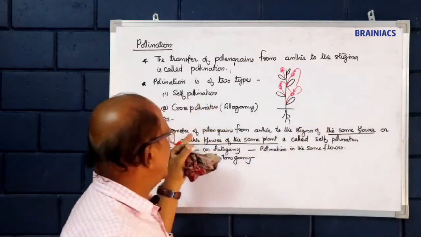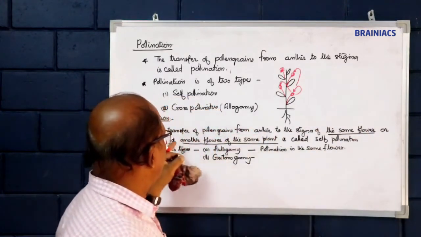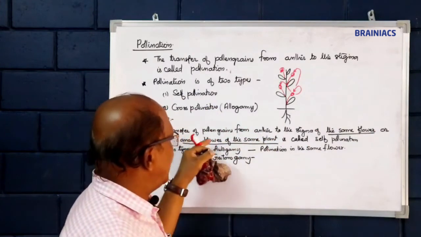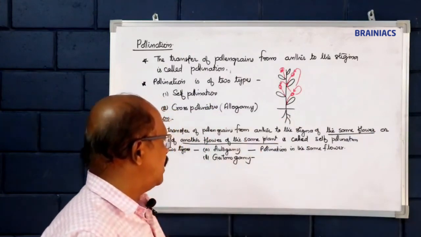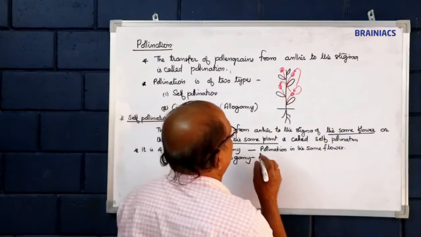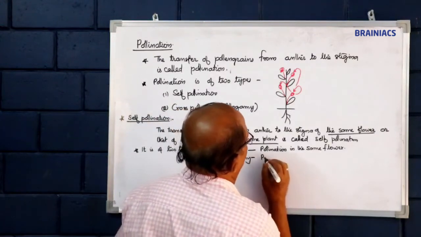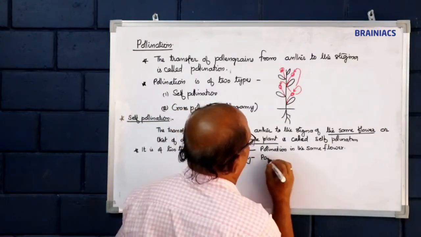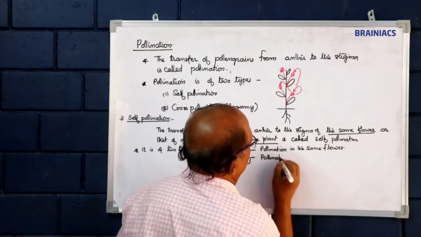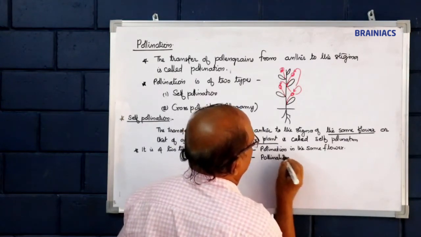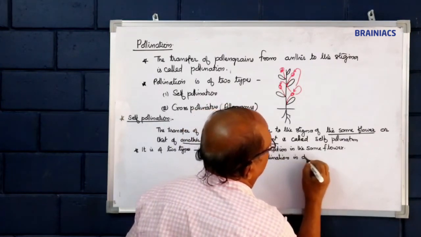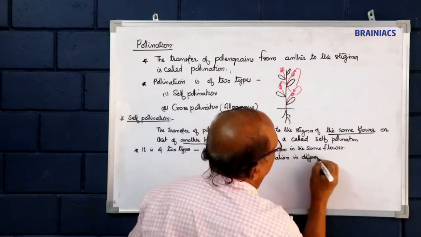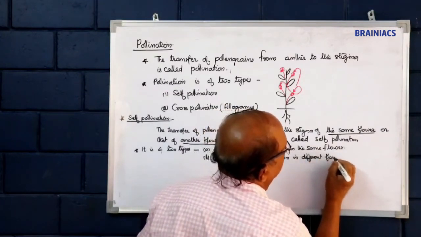Or transfer of pollen grains from anther to the stigma of another flower of the same plant is called geitonogamy, that is pollination in different flowers of the same plant.